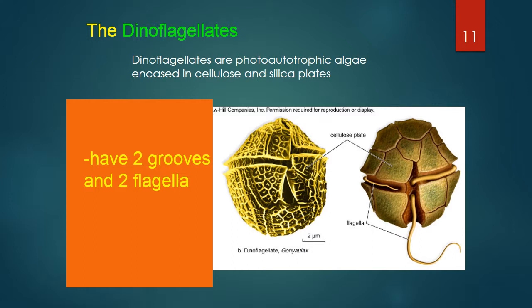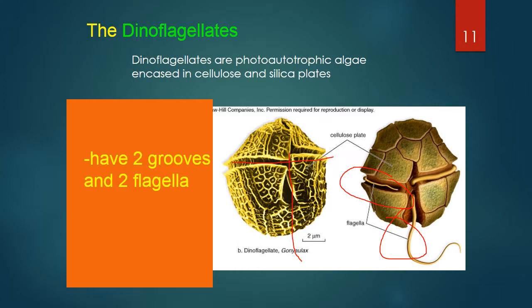And the way the flagella work is, let's see, right here, we have one flagellum that spins and moves the organism forward, and then the other flagellum acts as a rudder to steer them. This unique structure makes them dinoflagellates, and here are the two grooves, this direction and then of course this direction, and that's for the flagella to be in.